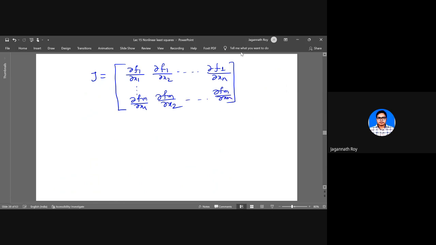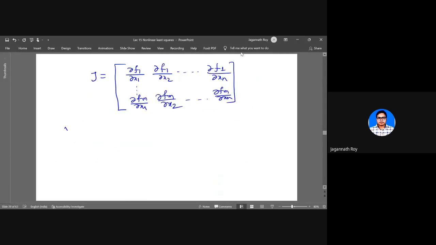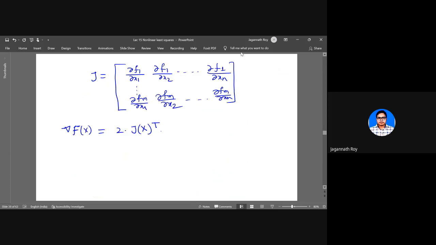So this is the Jacobian, but what we have here is the Jacobian transpose. Okay. So this gradient of f, we have 2 times the Jacobian of x transpose into, let us call it f of x, f1(x) and so on. So this is f of x. So this is our gradient now.